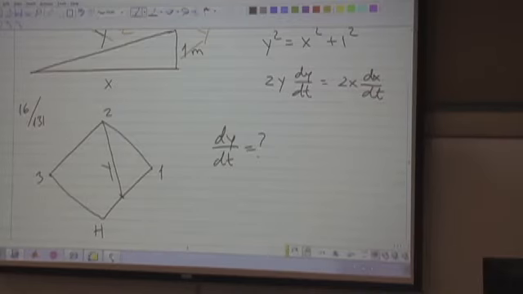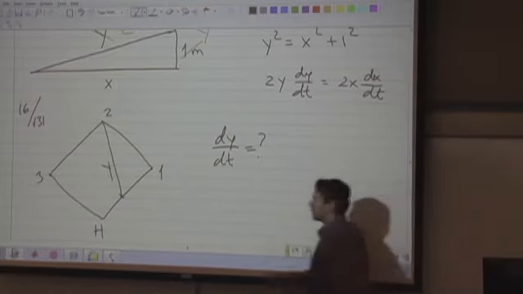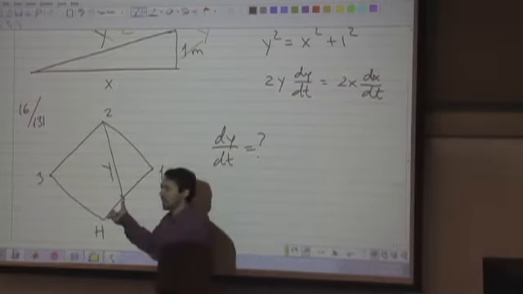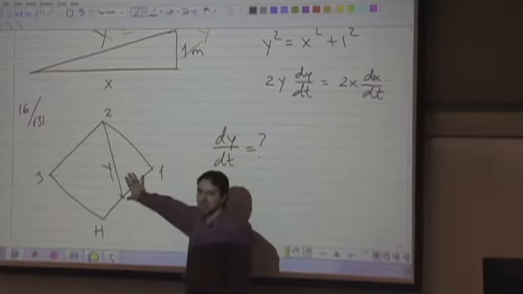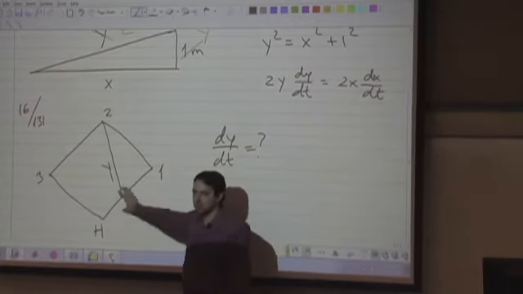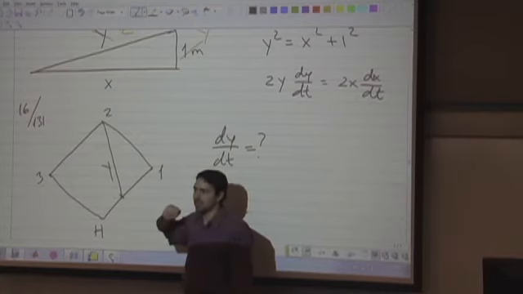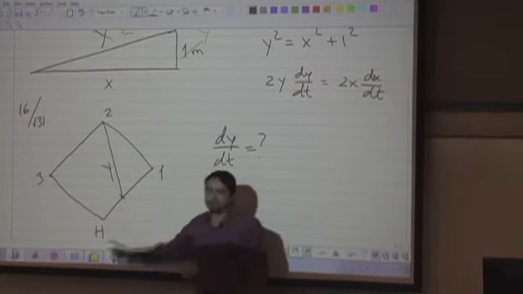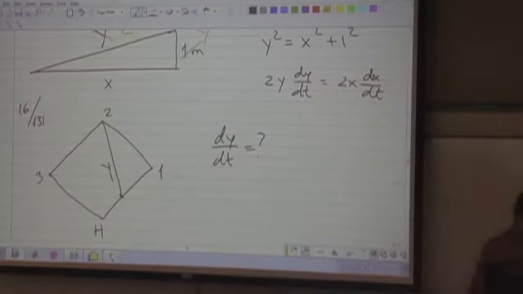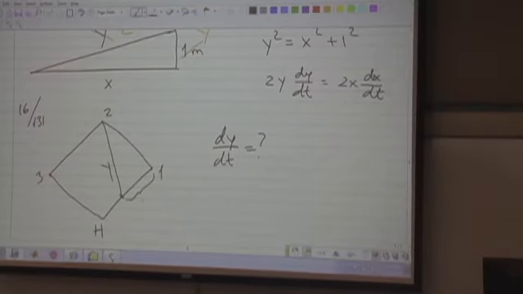Now the only thing I have to figure out is how to describe his speed. There are two choices, as I was saying last time. I can either define this piece to be x, or I can define this piece to be x. Do you have any preference? This one? Okay, so if this piece is x, then what is dx over dt?